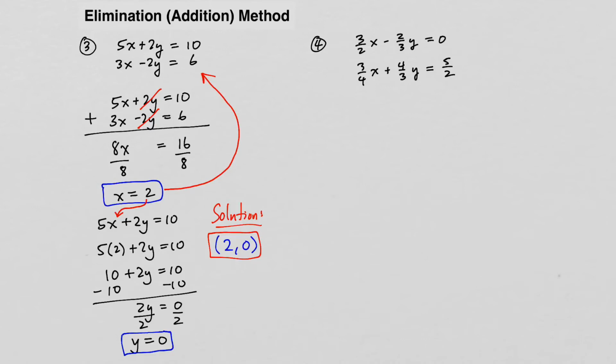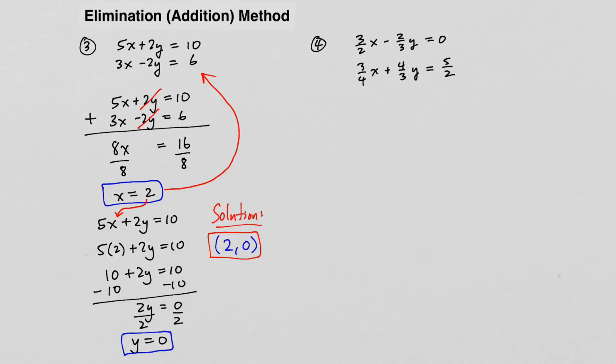So in example 4 here, we have 3/2 x minus 2/3 y equals 0, and 3/4 x plus 4/3 y equals 5/2. Now, before we even consider using the elimination method, it's really important that we clear the fractions here.